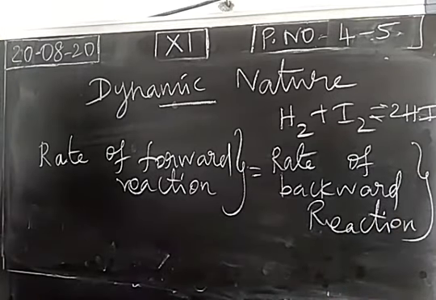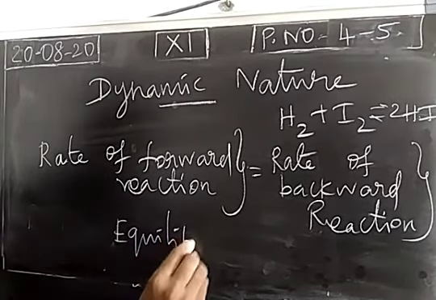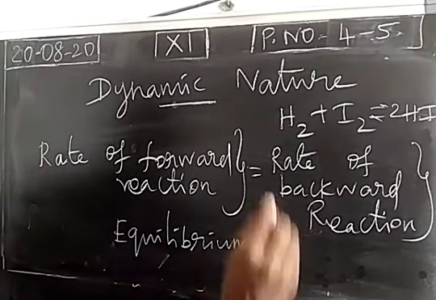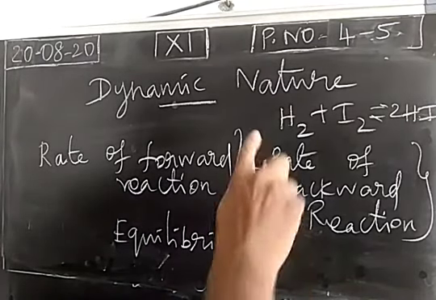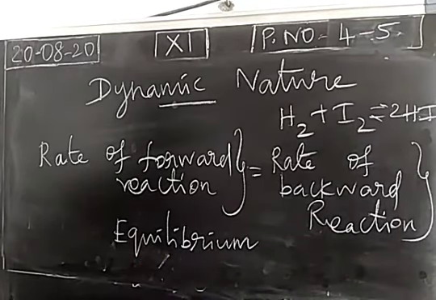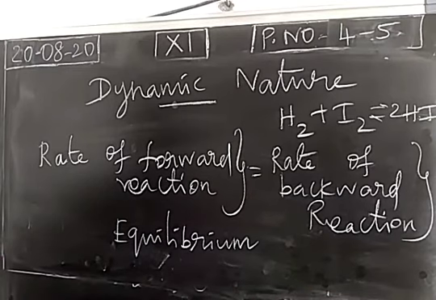Now we call this condition equilibrium. So what is equilibrium? In a reversible process, we have a forward as well as backward reaction. At one particular stage, rate of forward reaction will be equal to the rate of backward reaction or reverse reaction. So the condition is called equilibrium. The reaction will reach equilibrium condition or equilibrium state.